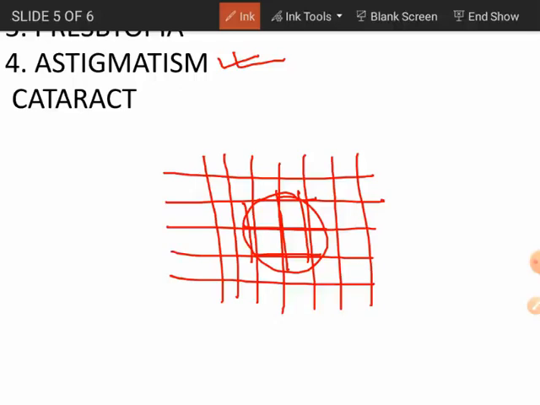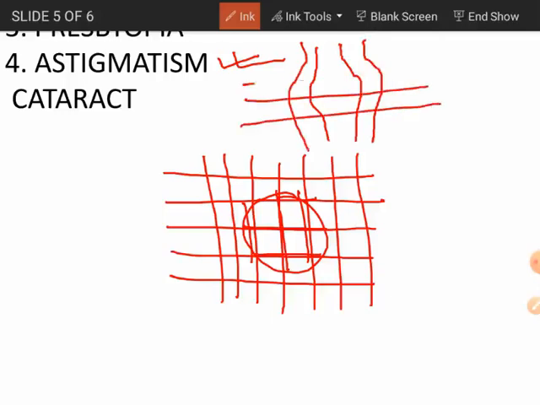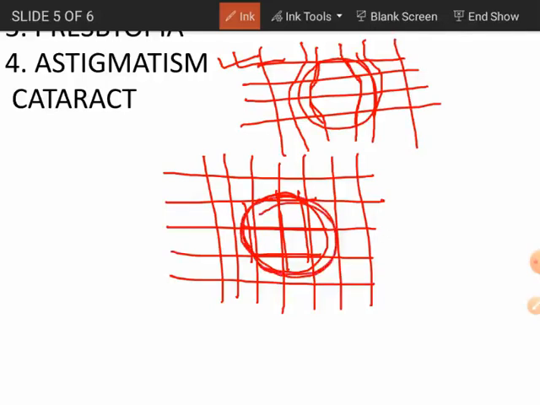But the person having astigmatism may see the portion where he observes it a little bit curved, like this. He may see the horizontal line as horizontal, but the vertical line at the point of observation may be curved like this. That means the image formed for this portion has been distorted.